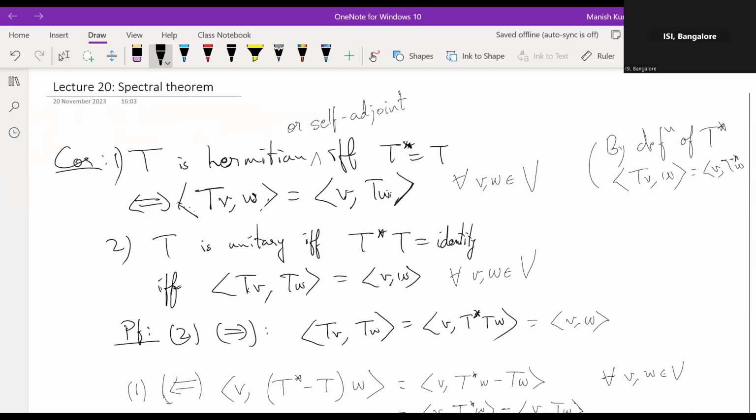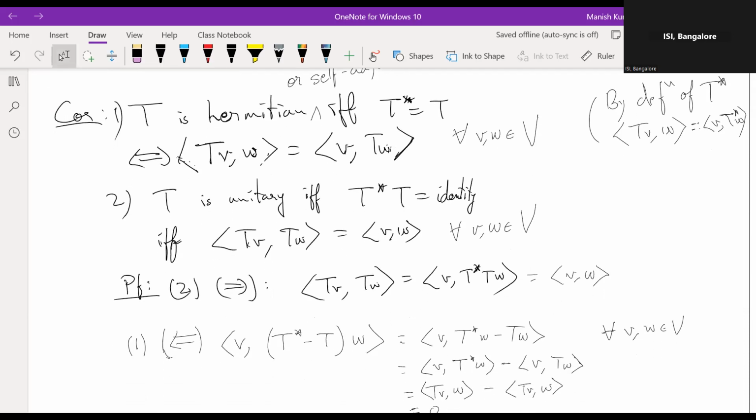This you can sort of say is the definition of T star. T star was defined as you take the matrix of T with respect to some orthonormal basis, take the adjoint of that matrix, and use that to define T star.